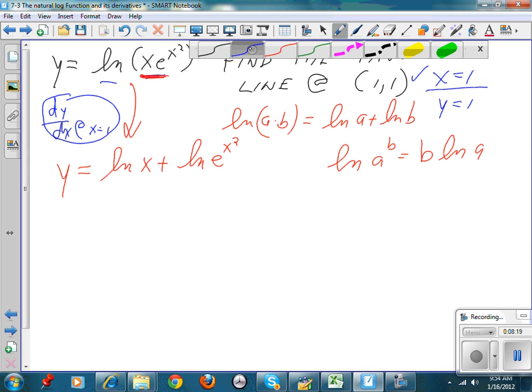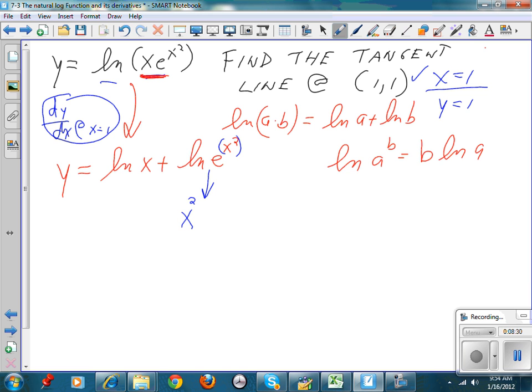So this is an exercise in knowing derivatives and properties of logs. This is going to become x squared will come out front, correct? Because that's in the exponent. Then it's going to be the natural log of e. Well, what's the natural log of e?